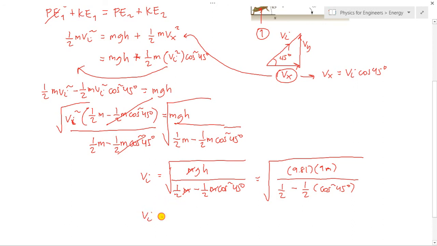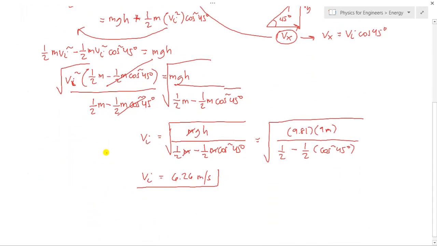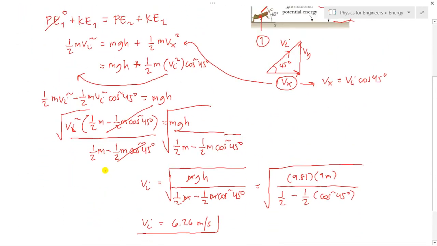Let's simplify: vi is the square root of 9.81 times 1 over 0.5 minus 0.5 times the cosine of 45 squared. The answer is 6.26, so our initial velocity is 6.26 meters per second for the grasshopper.